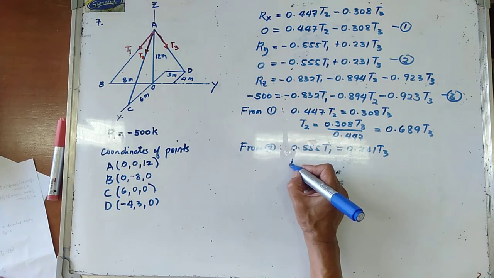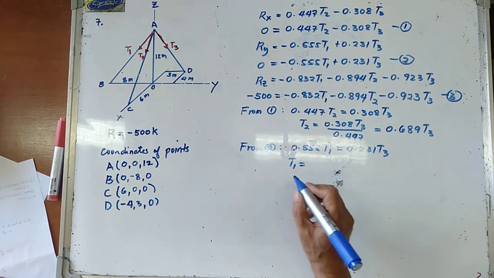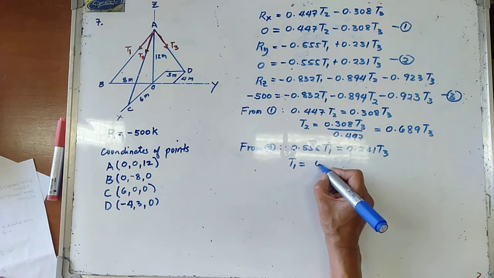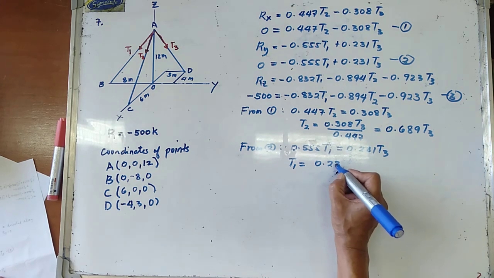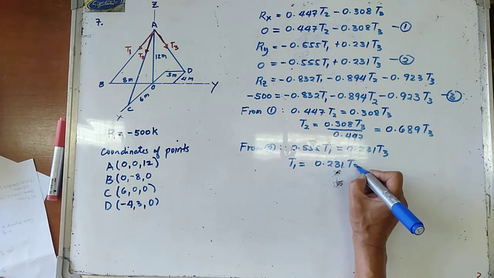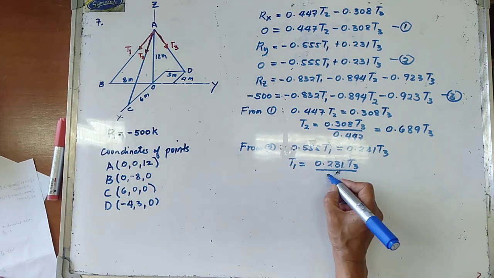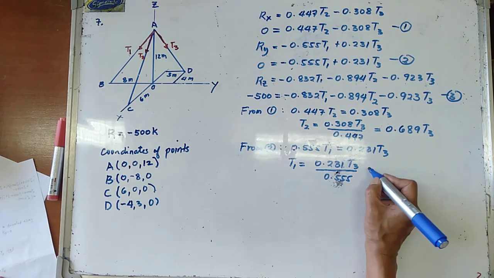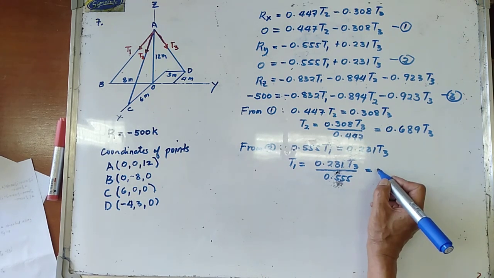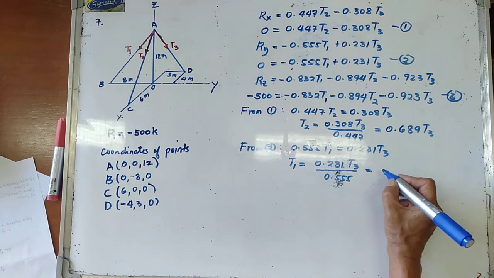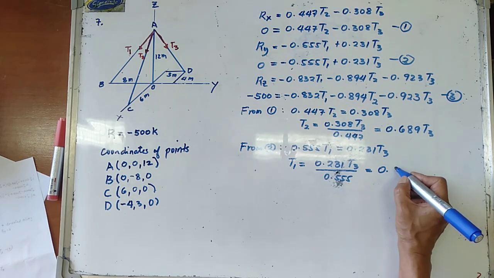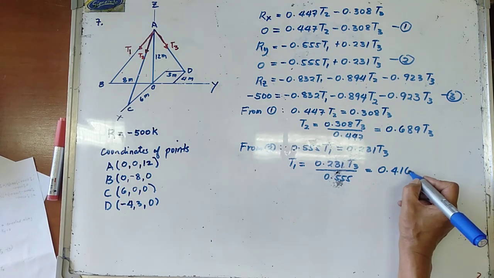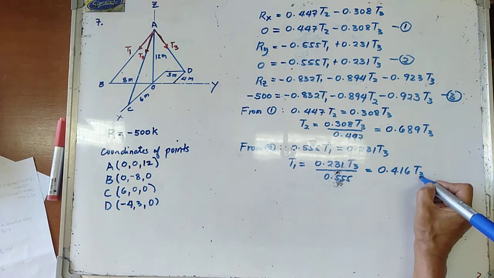So that T1 is now equal to 0.231 T sub 3 all over 0.555, and this one is equal to 0.416 T3.